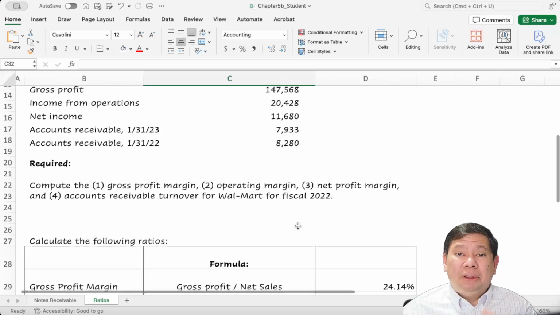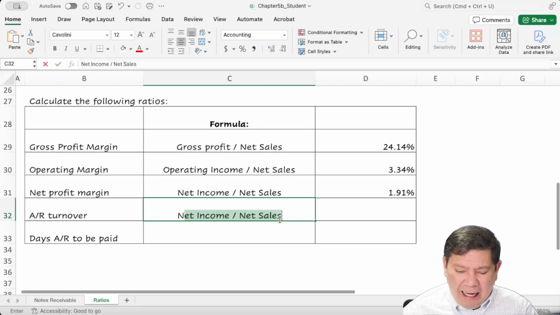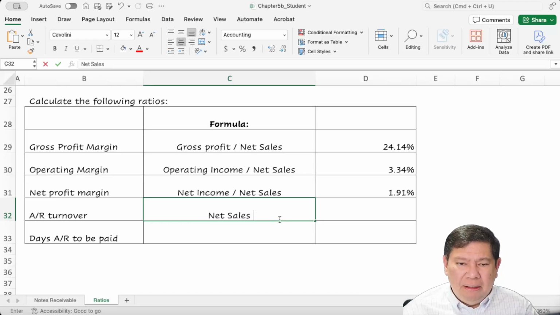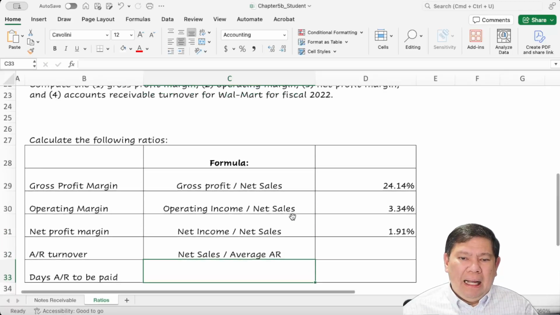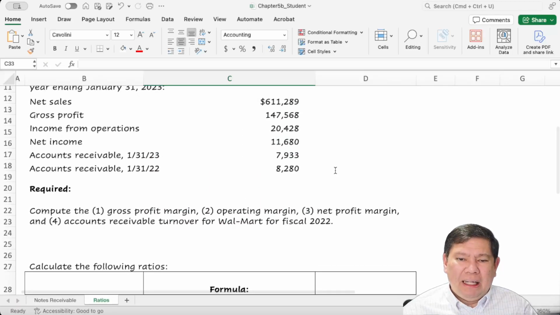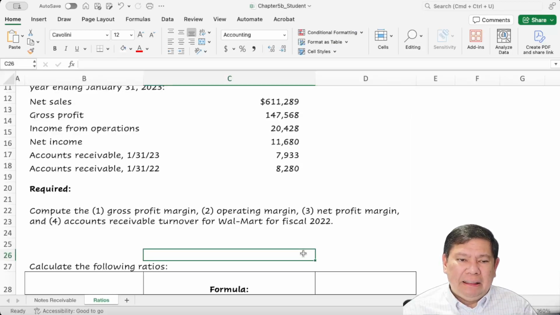Okay, the next ratio is accounts receivable turnover. How many times the company makes sales, creates accounts receivable, being paid, sales again, receivables being paid, and on during the year. Okay, the formula here is net sales divided by average accounts receivable. Net sales, we can first calculate the average here, or we can just continue with the calculation.